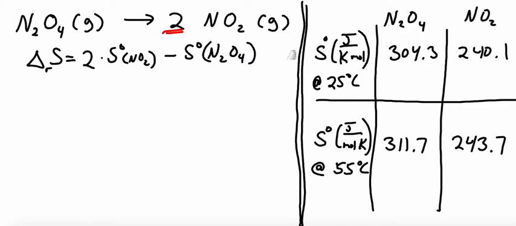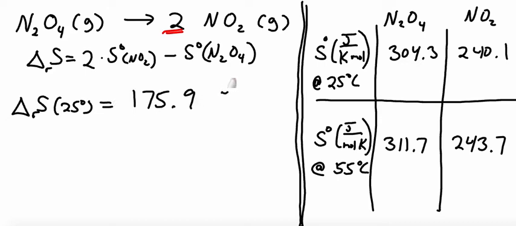And we have to make sure, of course, we look up the entropy for the correct physical state. So we've got the entropies already. So let's calculate both of them. So delta S at 25 degrees C, just plug in the numbers from this table over here, and we get delta S for the reaction. It's 175.9 joules per mole per Kelvin.